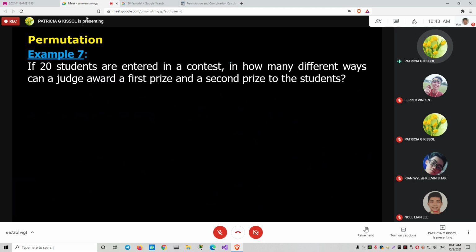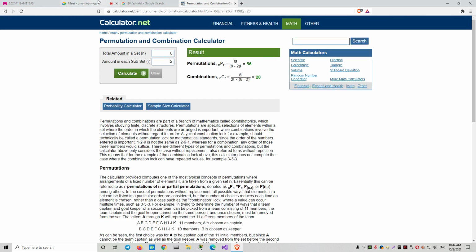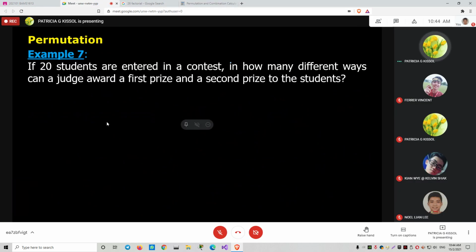Now the next one is example 7. If 20 students are entered in a contest, in how many different ways can a judge award a first prize and a second prize to the students? You see, the order is very important here. We want to award one person the first prize and one person the second prize.